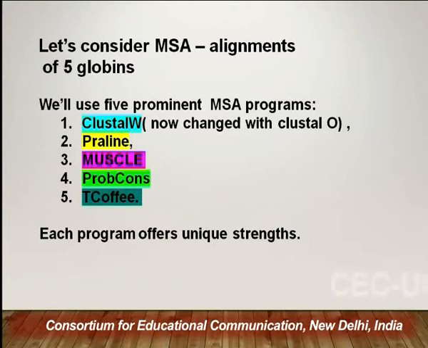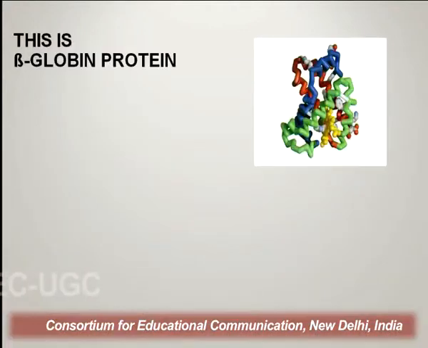Each program has different strengths and weaknesses. But before we take all of them in detail, we will first consider and understand Clustal W. That was the first and the most commonly used program.